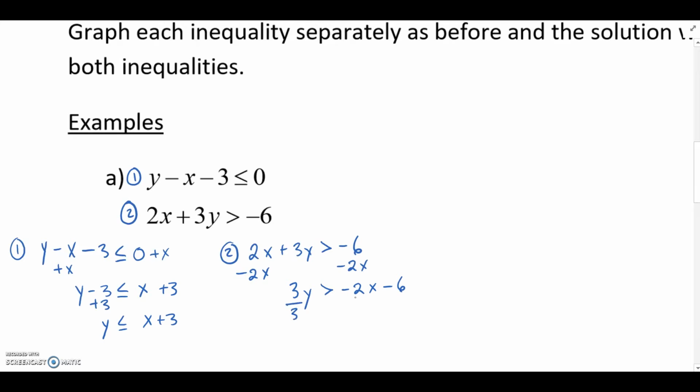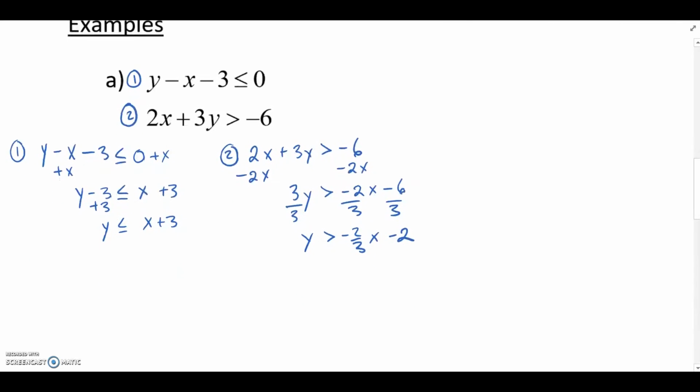Divide everything through by 3. We've got y is greater than negative 2/3 x subtract 2.